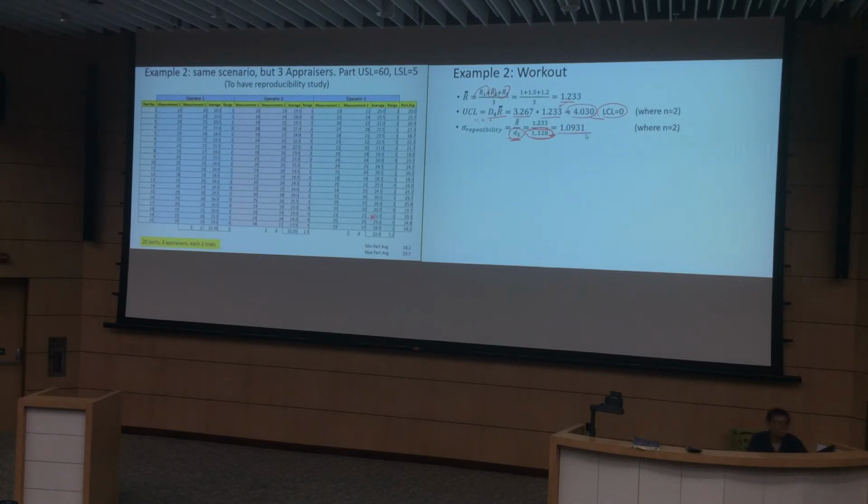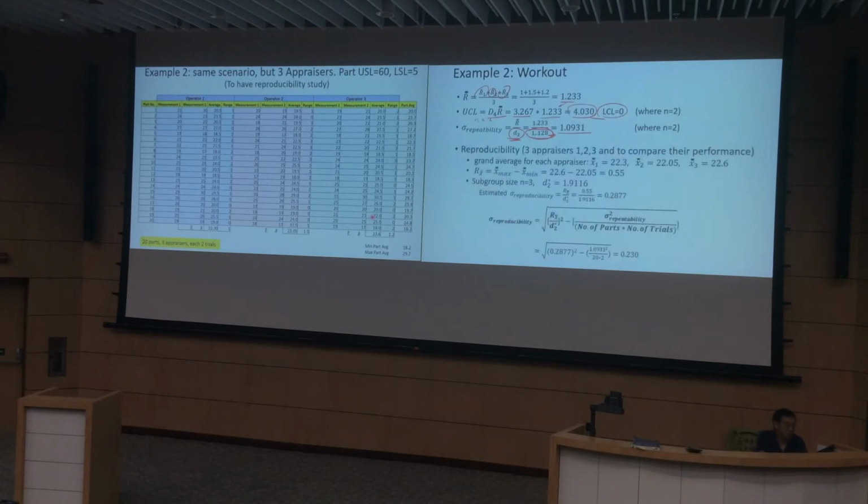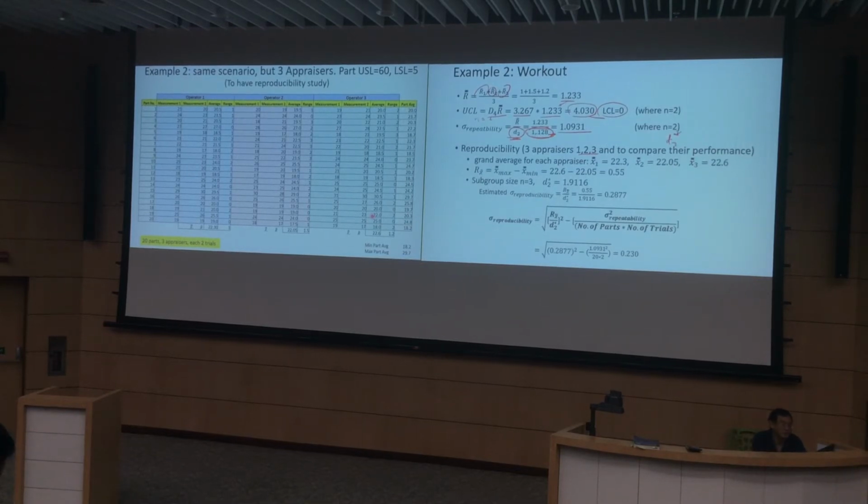Okay, so now reproducibility, 3 appraisers, there's only 1 subgroup here, so you have to use D2 asterisk, this guy here.